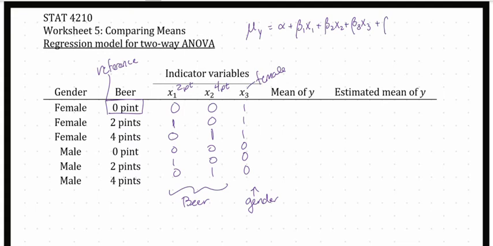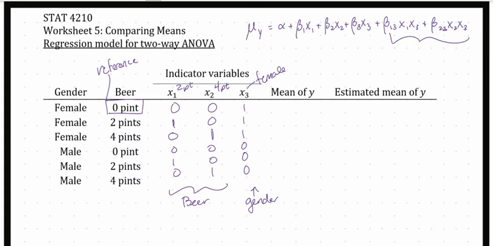So that's going to give me a beta 1,3 times x1 times x3. So this is that 2 versus 0 pints for gender interaction, plus beta 2,3 x2 times x3. And this is how the 4 versus 0 pints effect changes for each gender.